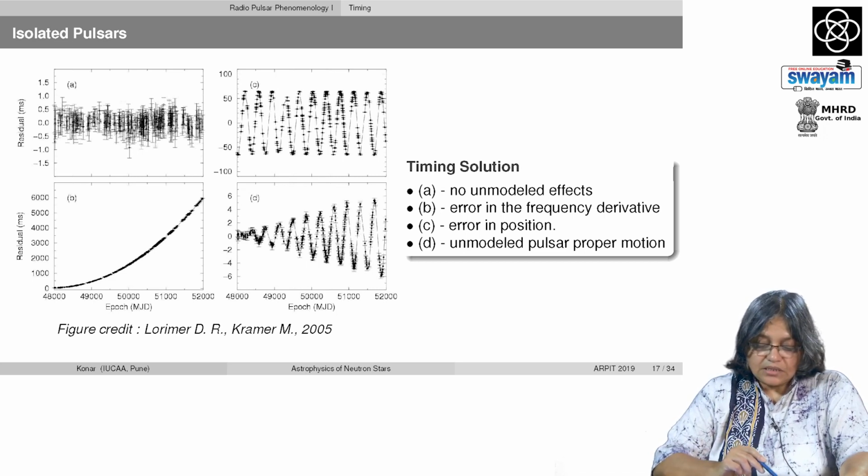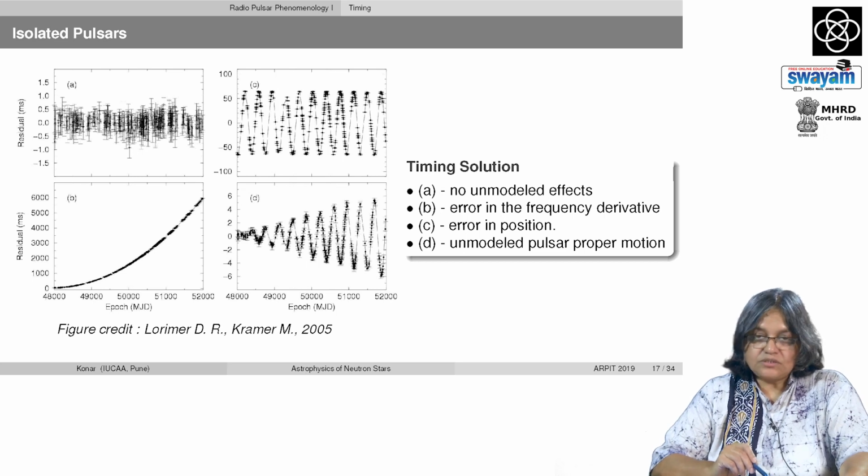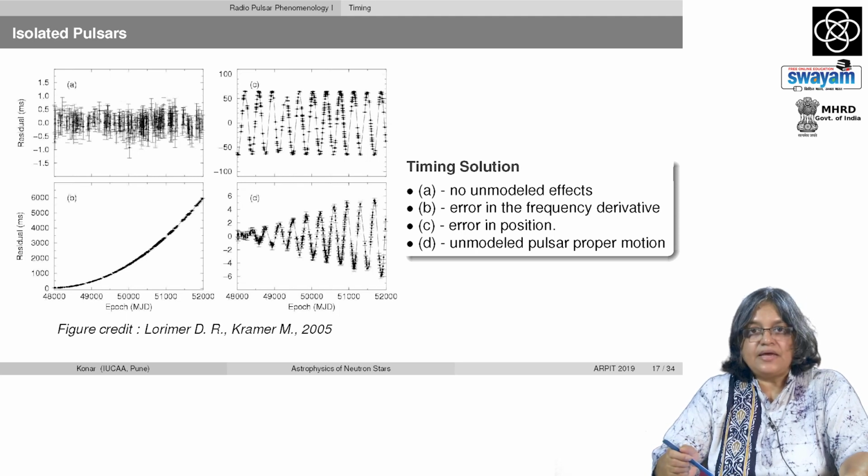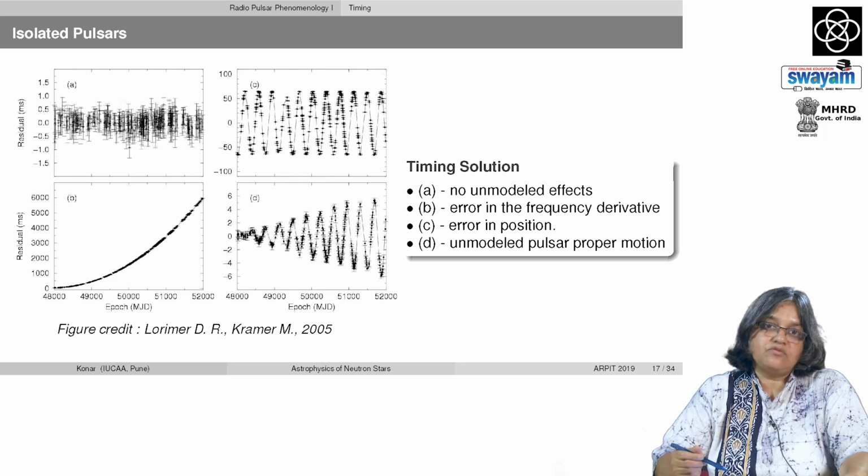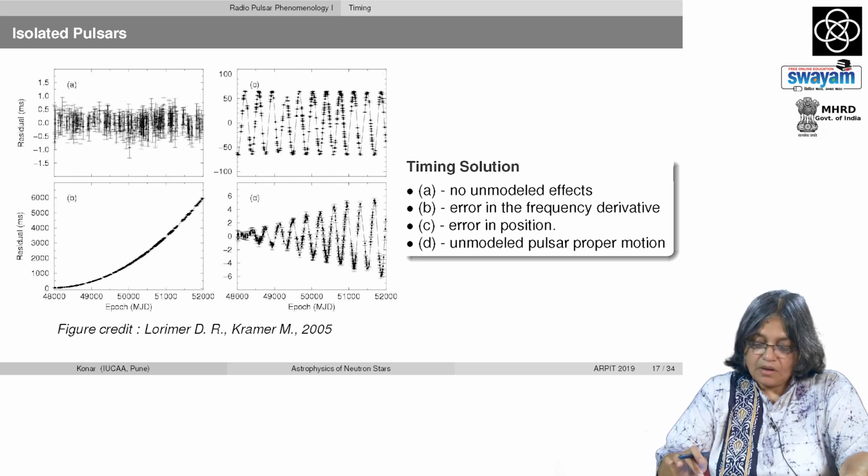On the other hand, this panel B shows an error in the frequency derivative. So, you have not estimated P dot correctly. Panel C gives error in the position, we have not estimated the pulsar position accurately, and panel D gives unmodeled pulsar proper motion, we have not corrected for the proper motion, the velocity of pulsar in the sky.